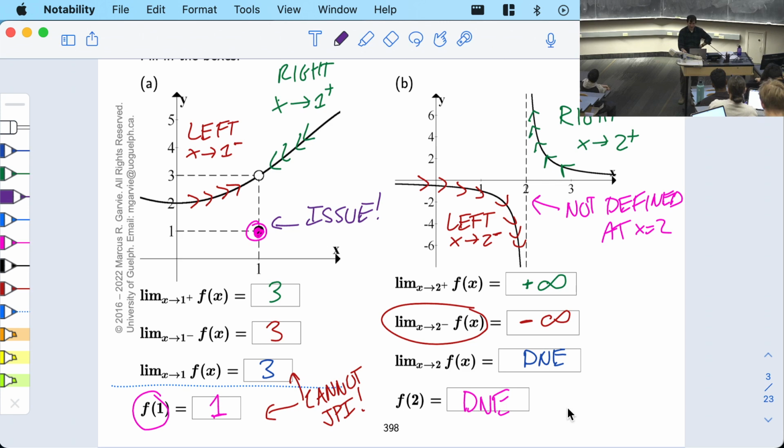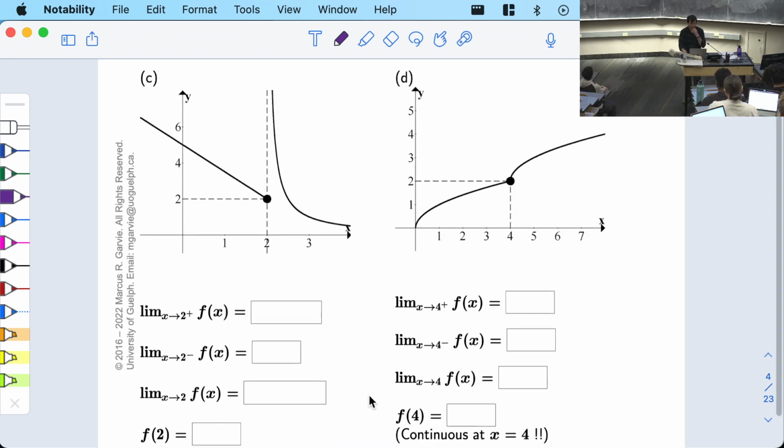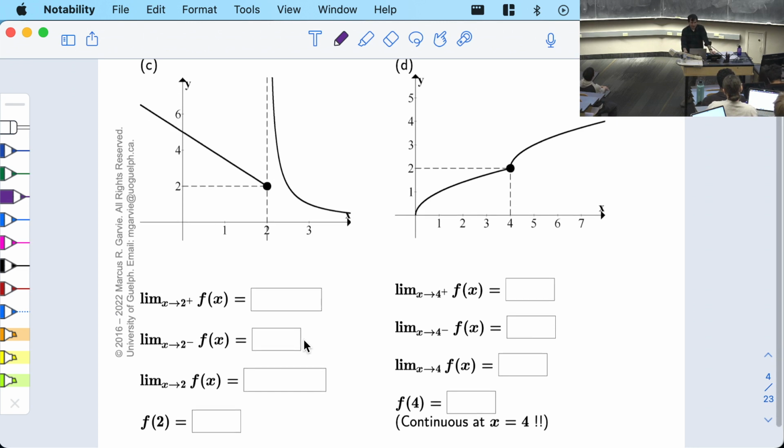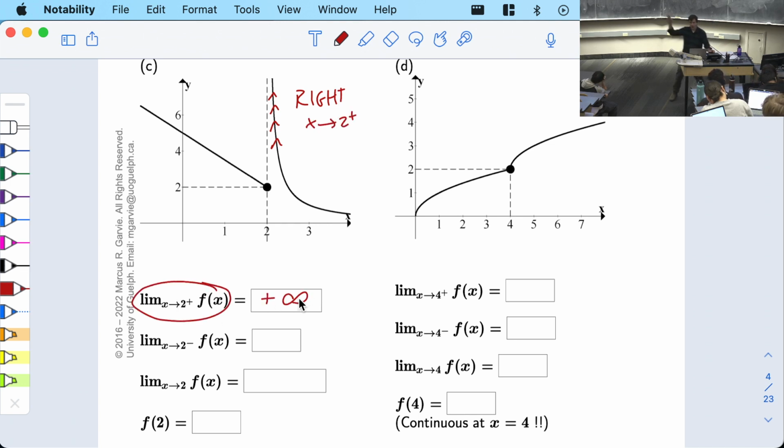All right, let's look at C and D. Here's options C and D. So again, this one is not continuous, and the reason is revealed by looking at the limits. If you do the right limit, that is x goes to 2 plus, the limit is plus infinity, the y values shoot off forever.